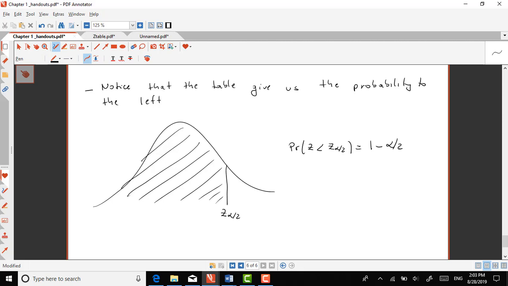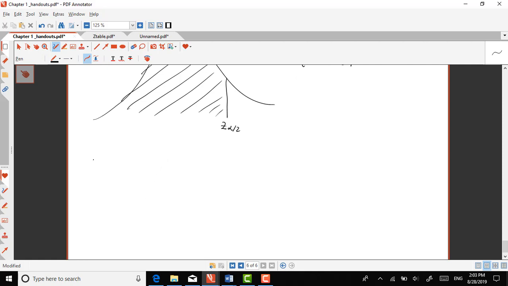Thus, this is what we need to do. Using this table, we find z alpha over 2 as follows.